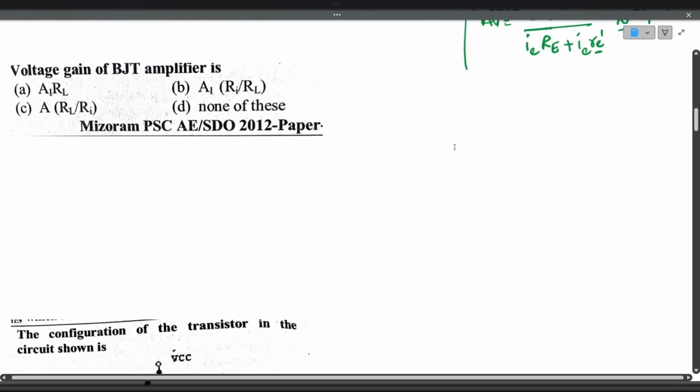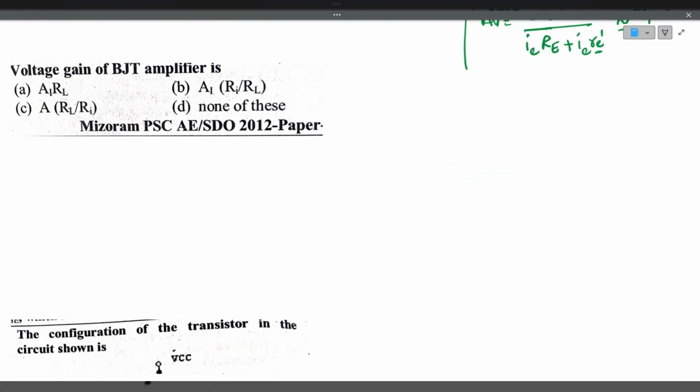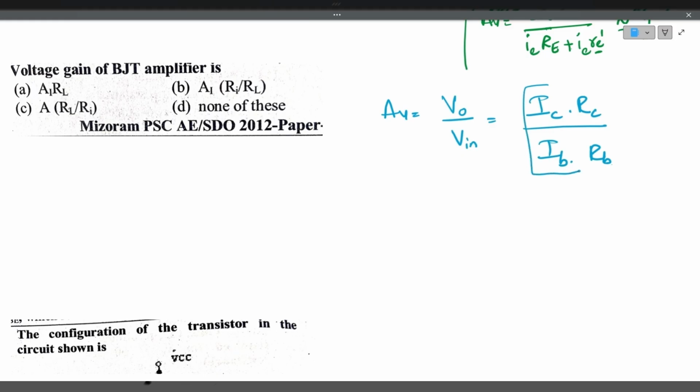Next question. The voltage gain of the BJT amplifier is nothing but output voltage divided by input voltage. Output voltage can be written as collector current multiplied by collector resistance. Input voltage is base resistance multiplied by base current. So collector current divided by base current, you can write it as current gain multiplied by RC divided by RB.